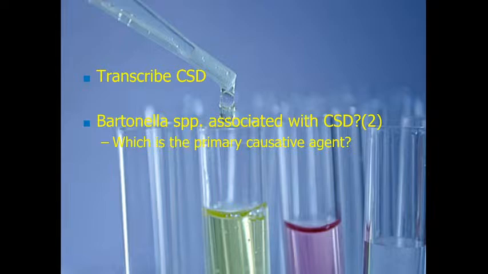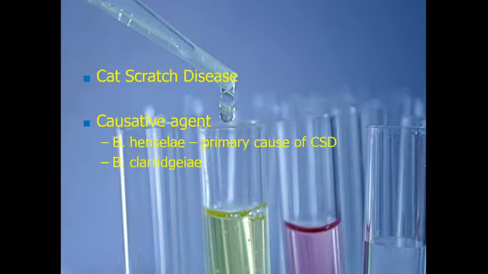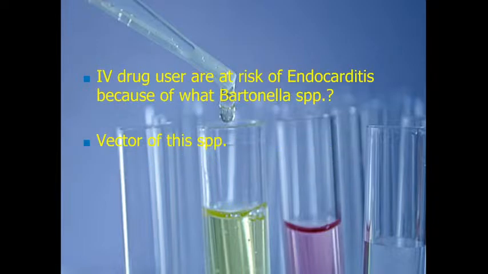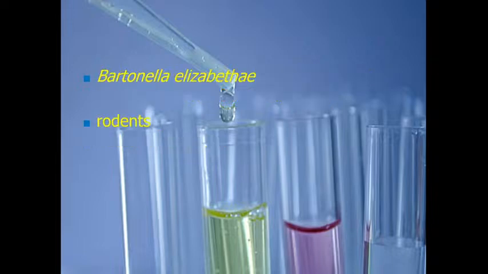It's Bartonella henselae, and Bartonella clarridgeiae. Now, IV drug users are at risk of endocarditis because of what Bartonella species? We have Bartonella elizabethae, and the vector for this organism is rodents.